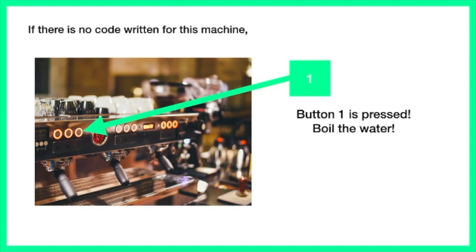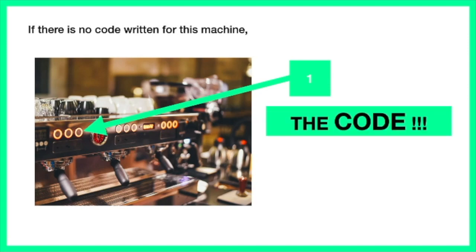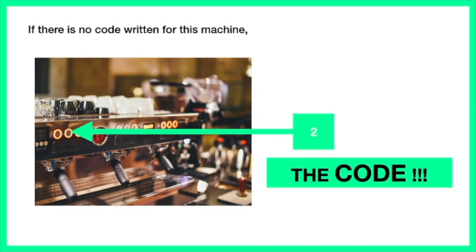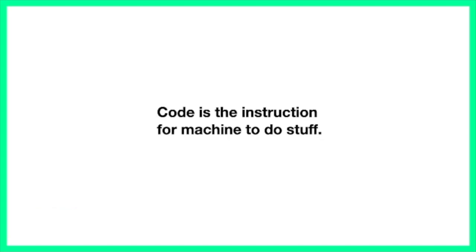To make this machine work, we have to write code to boil the water. When this button is pressed, we want the coffee machine to dispense the water. So we need to write code to dispense the water. Recap, code is the instruction for machine to do stuff. Whenever we want the machine to do something for us, we have to write codes for them first.